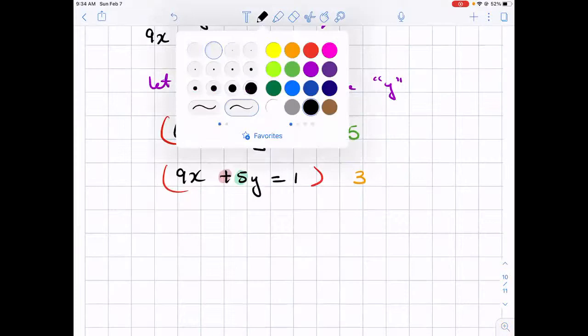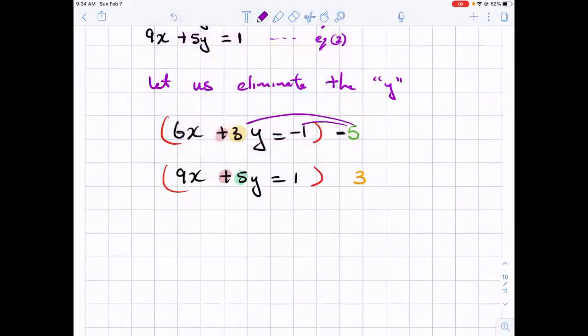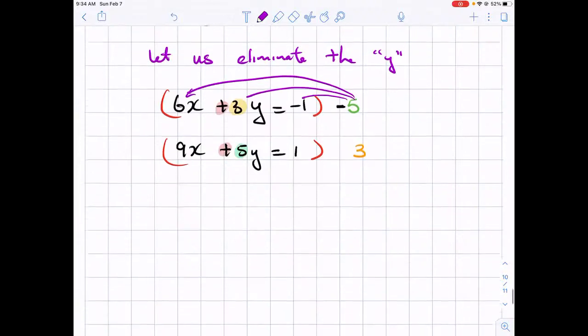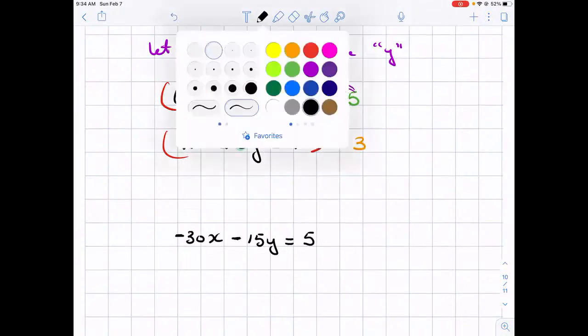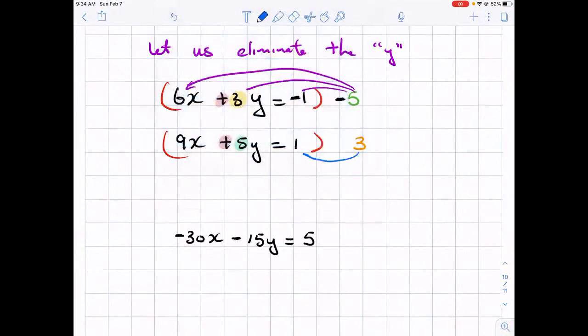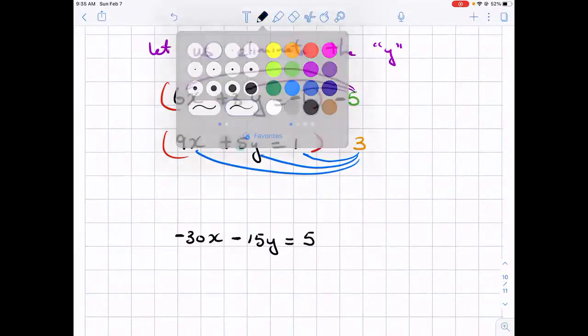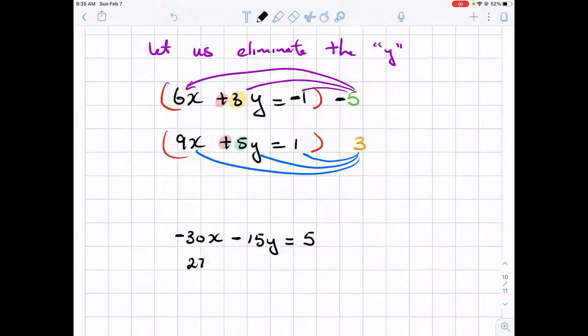Now, if you distribute that negative 5 to every term in the first equation, you will now have the equation minus 30x minus 5 times 3 is 15y is equal to positive 5, right? A negative times a negative. And if you distribute now 3 to every term in the second equation, you will end up with 3 times 9 is 27x, 3 times 5 is positive 15y, and 3 times 1 is 3.